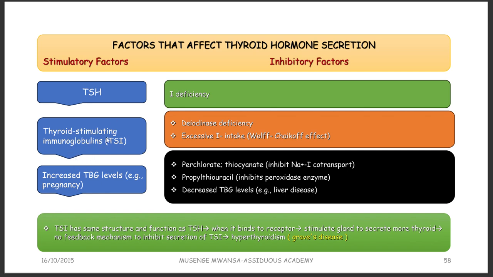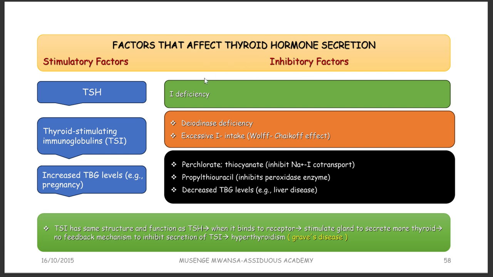These are also going to stimulate the release of the hormone. Then there is increased thyroid binding globulin, for example in pregnancy, this will increase. Remember, we said that this is going to attach to the thyroid hormone, and the body interprets this as you don't have any hormone. So that is going to send a negative feedback loop that is going to stimulate the production of more of the hormone.